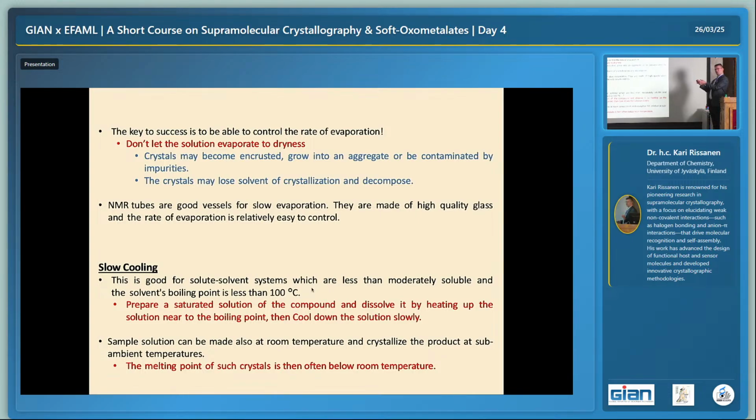Upon standing in the air, depending on how large the volume is, it will cool down to room temperature, and then the temperature gradient induces the crystal growth. And that is a very nice technique in the sense that if this works, then the crystals are safely in solution already. Then you just have to pick them up from the solution.